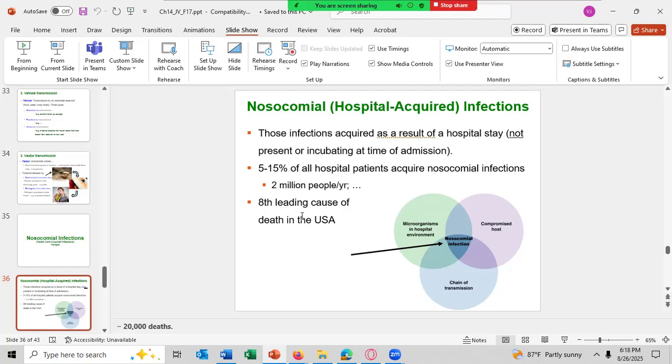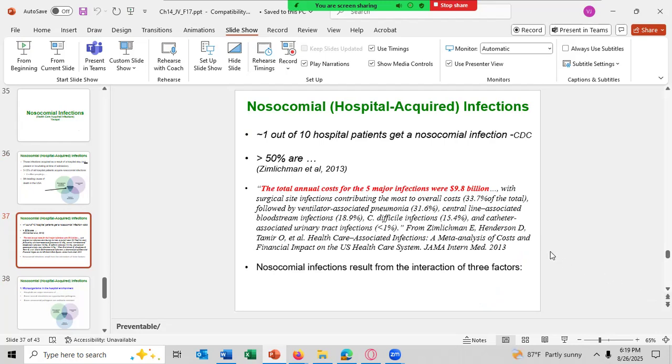And it's either now the 8th or at least the 9th leading cause of death. About 1 out of 10 hospital patients get a nosocomial infection. This is from the Centers for Disease Control. And 50% of nosocomial infections are preventable.